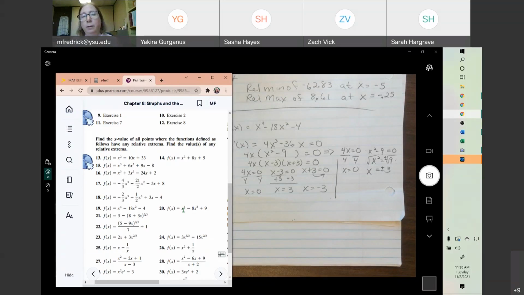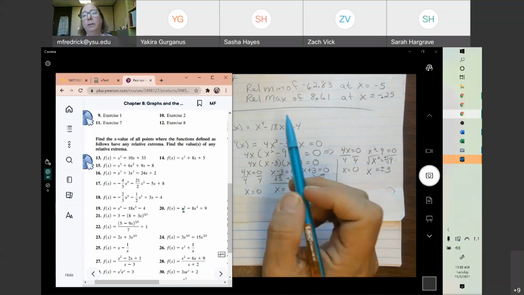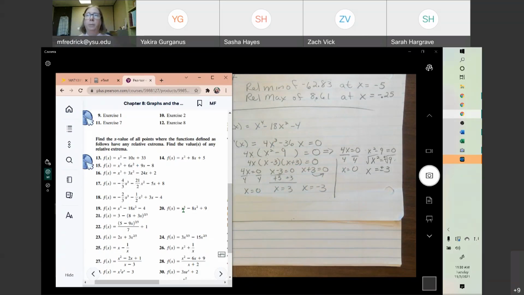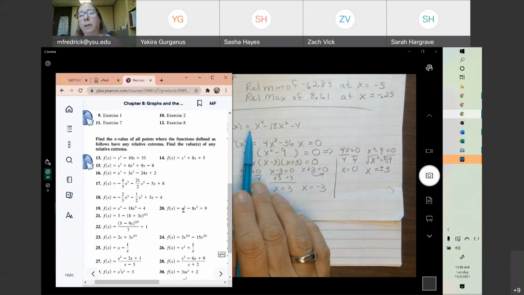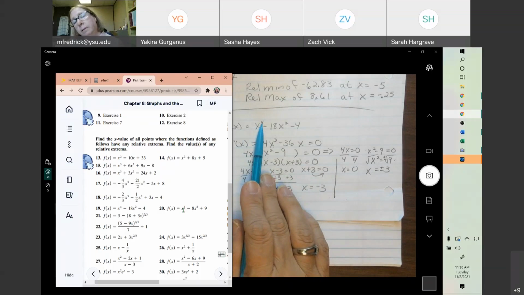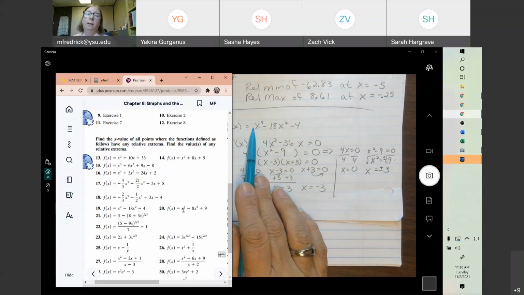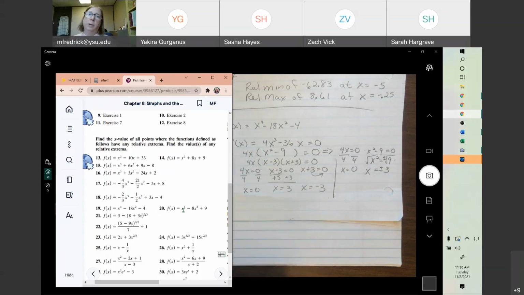Any questions on that? Whatever your degree is, you usually end up with your degree minus 1 critical numbers. Sometimes they repeat, but if none repeat, you'll have, in this case, 3 of them. The degree is even, which means it's resembling a parabola. The largest degree term is positive, which means both ends are going up.